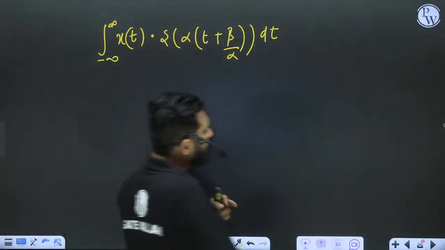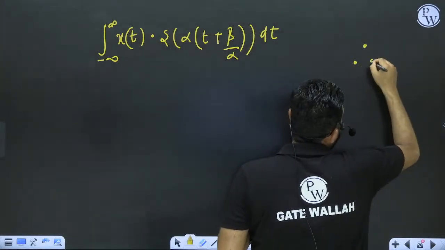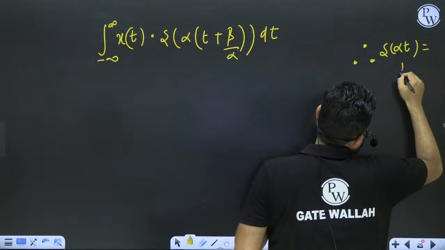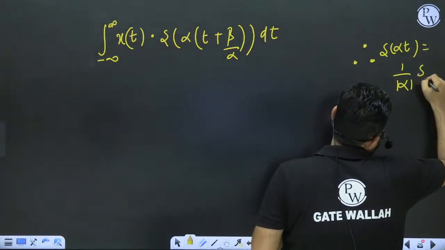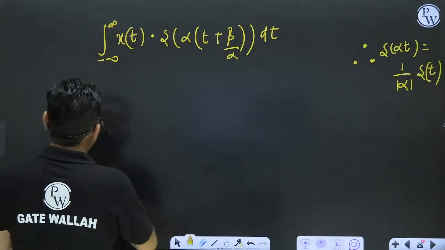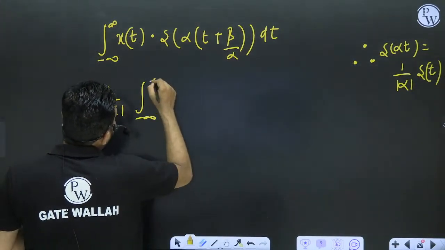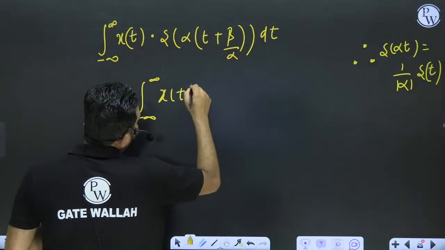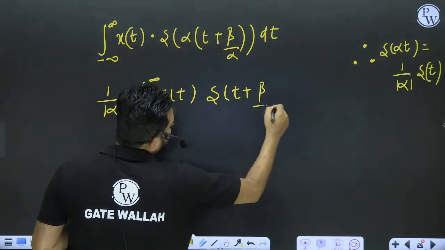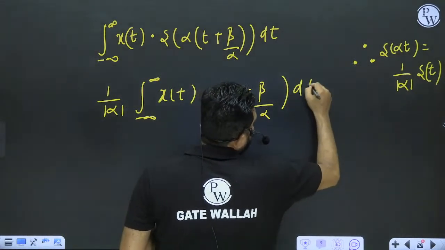Since we know that delta of alpha t is 1 by mod alpha delta t, just take this alpha common. It is 1 by mod alpha times the integral from minus infinity to infinity of x of t delta t plus beta by alpha dt.